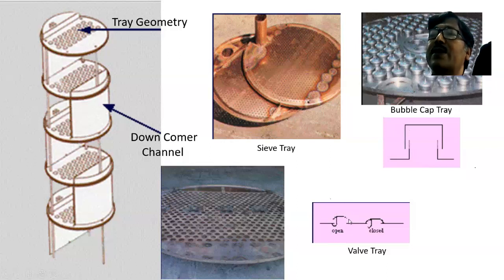So weeping and other types of problems are less compared to sieve tray here. So this is also advantageous, but as far as turn down ratio is concerned, it has a turn down ratio in between these two. That is, bubble cap tray has the maximum turn down ratio, then valve tray, then sieve tray.